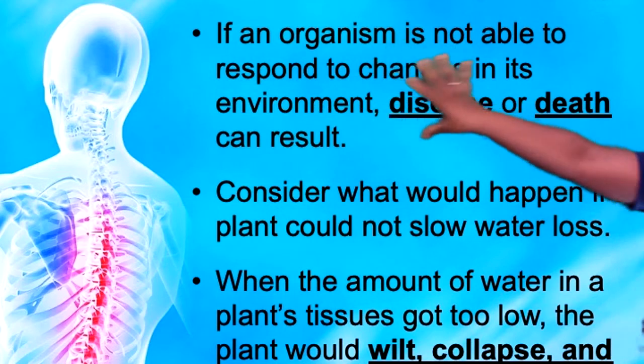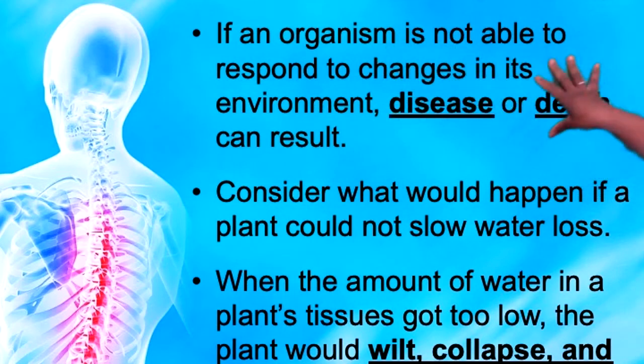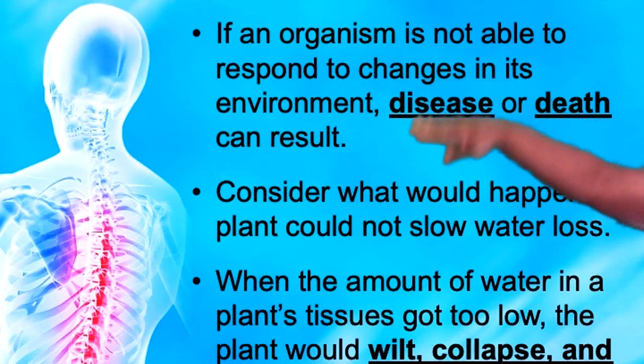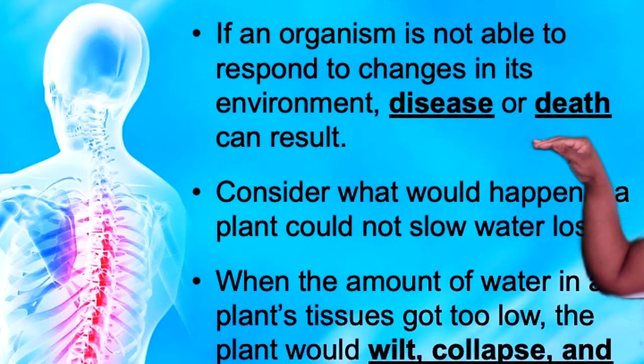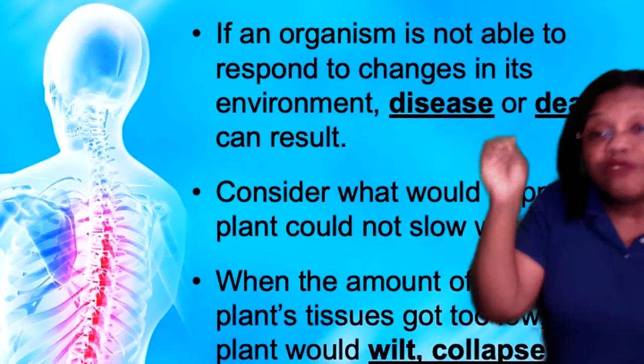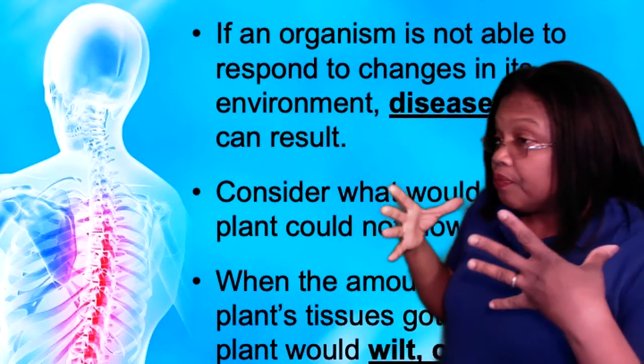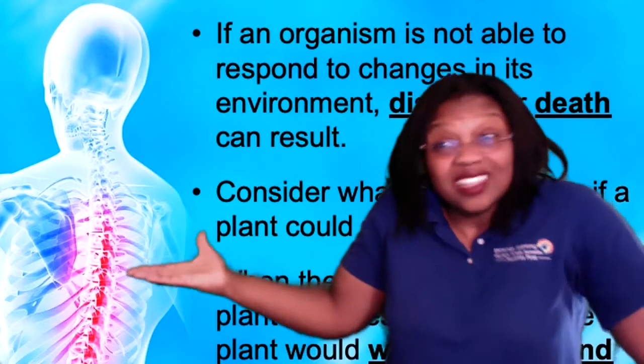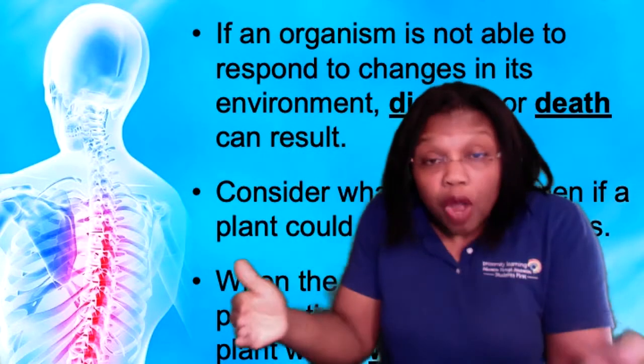Guys, if our body does not maintain homeostasis, if our body cannot respond to changes, that results in disease or death. For instance, if a person can't sweat, and that is a disorder that can happen, that's a problem.